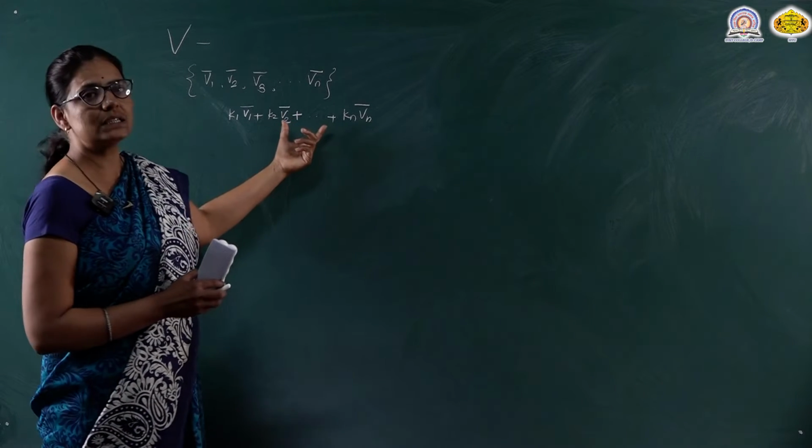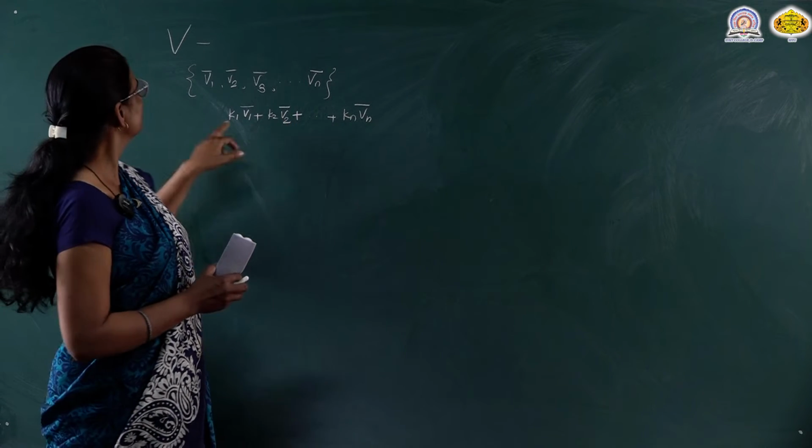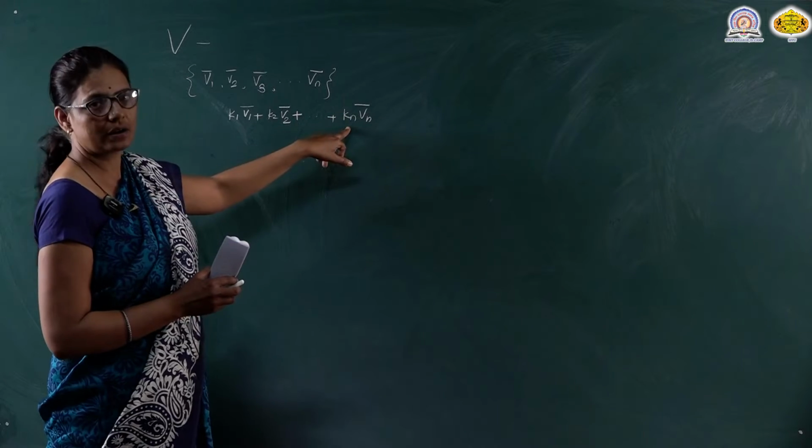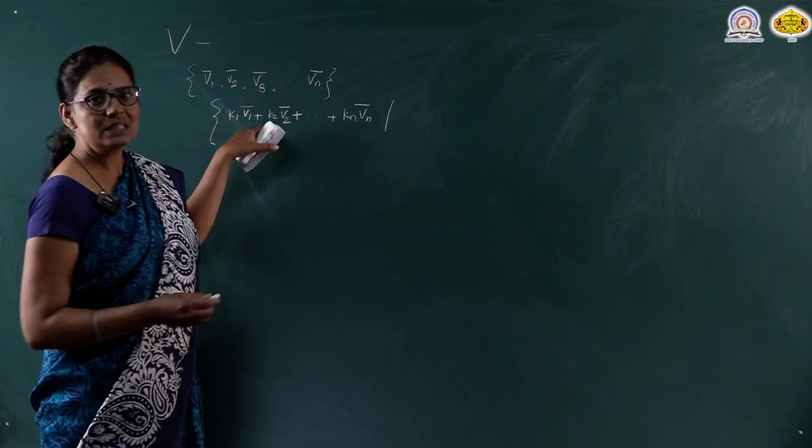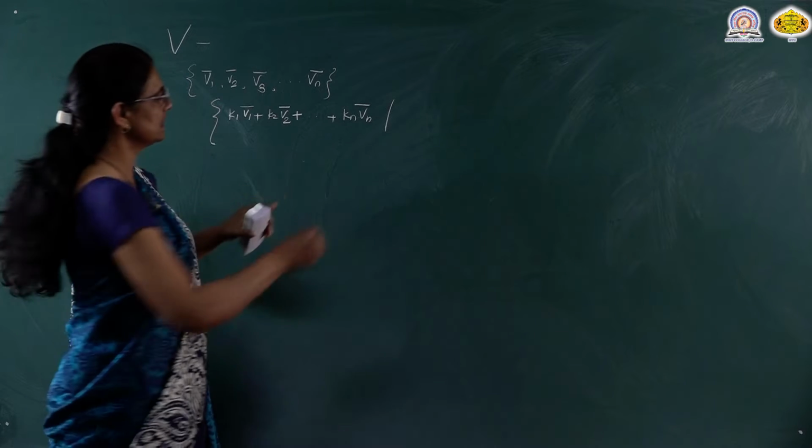Here K1, K2, Kn are all scalars. Now consider the set of all such linear combinations of these vectors.